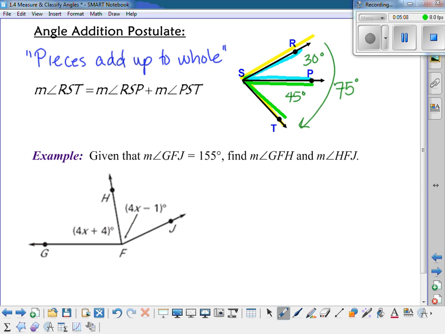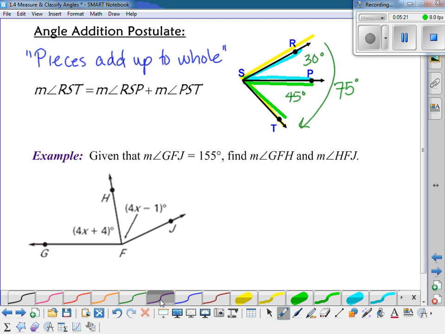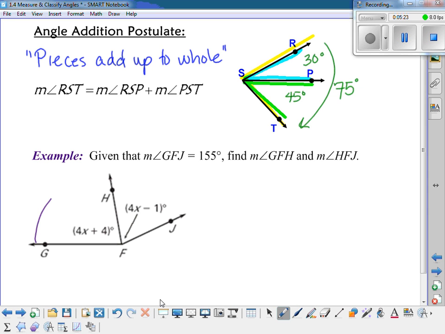On occasion, you're going to have problems where instead of giving you degrees, they're going to give you algebraic expressions to represent the angles. So in this example, we are given that the measure of FGJ is 155 degrees. So that means the whole angle altogether is 155 degrees.